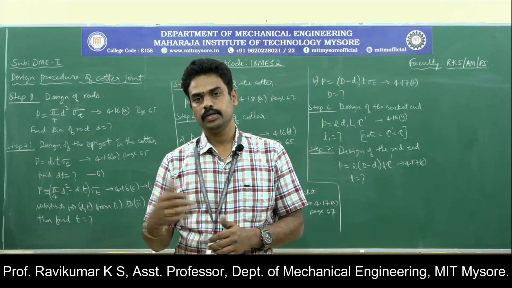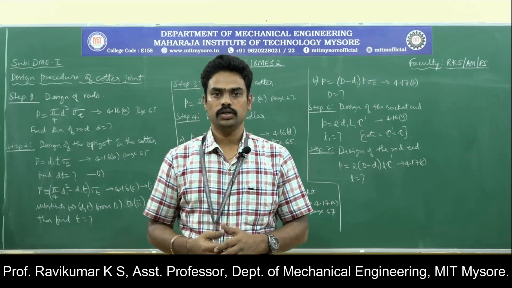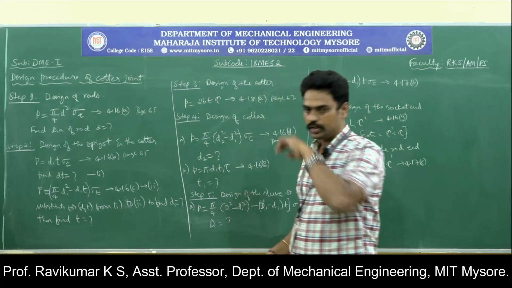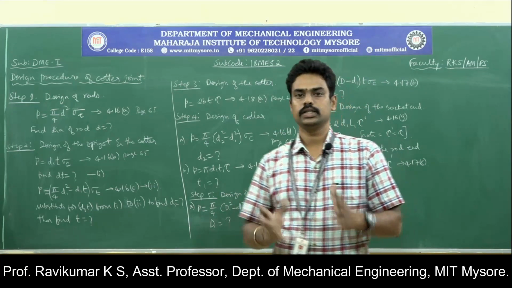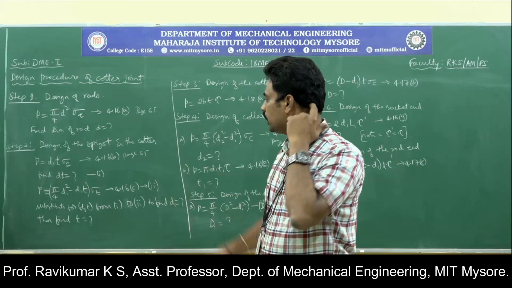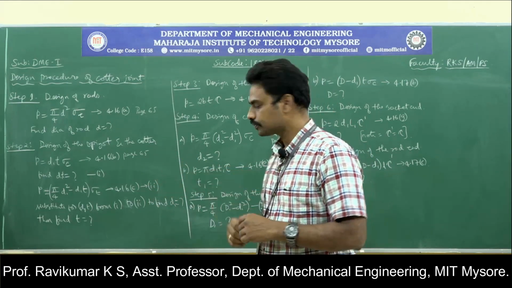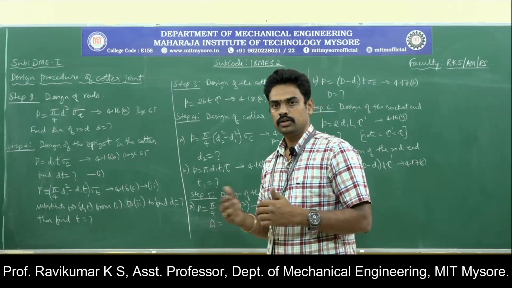So this is how you can design a cotter joint using another method, or you can simply follow the earlier method. There is no need to compare the stresses there because you have already substituted in the formula and calculated the dimensions. You can follow both options.